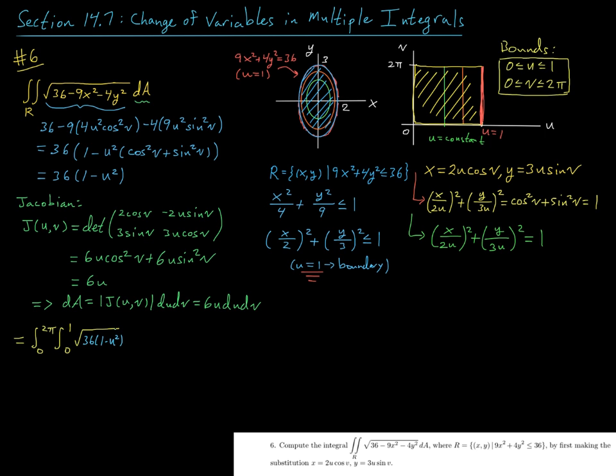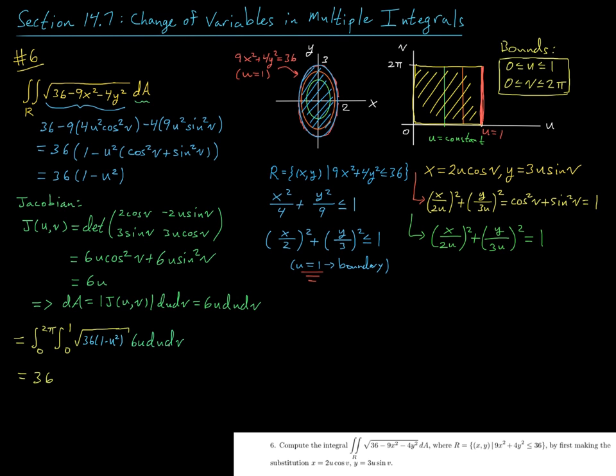And then we have our differential area, right? This is going to be 6u du and then dv. Okay, cool. So now we're in pretty good shape because the bounds of integration are nice and constant. I can take this 36 out of the root, so that's going to give me a 6. And that'll multiply with this 6, so I get 36 there. And then I'm really just integrating u times the square root of 1 minus u squared.